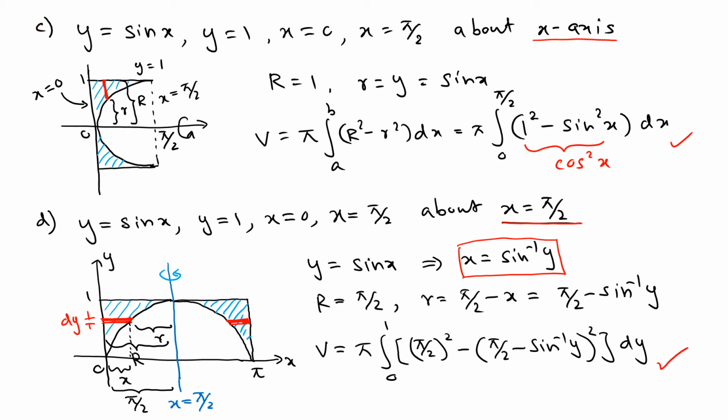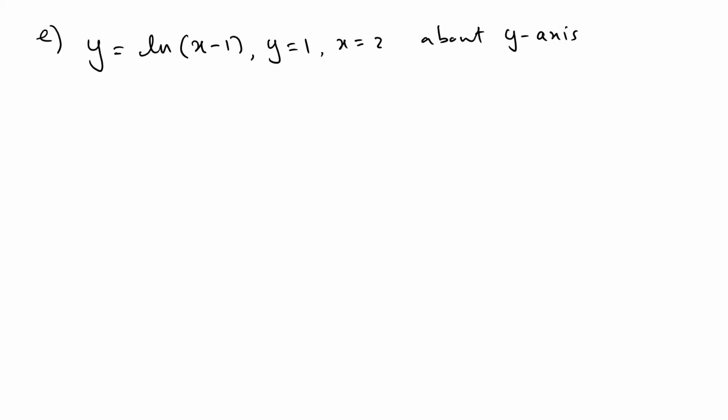Good. Then let's do one from natural log and another from the exponential function. So let's do the natural log one. We have y equal ln x minus 1, y equal 1, x equal 2, about the y equal x axis. So let's graph this. You can see that this is not a difficult graph.